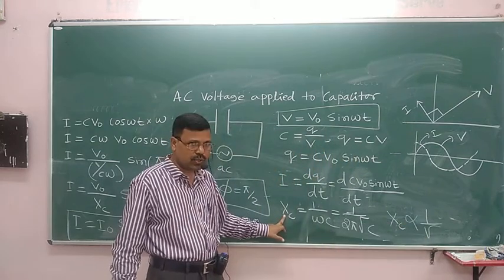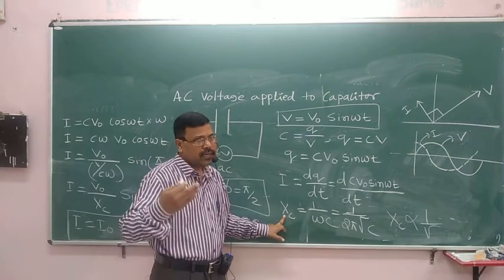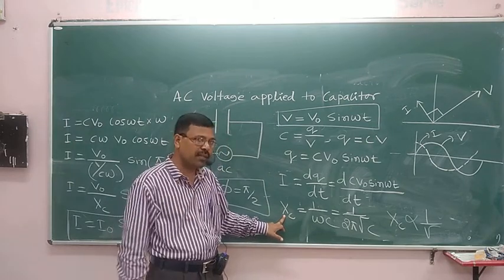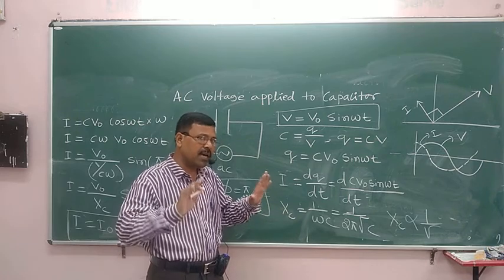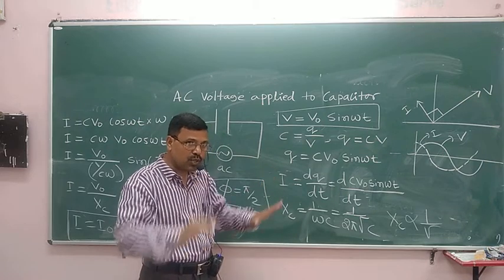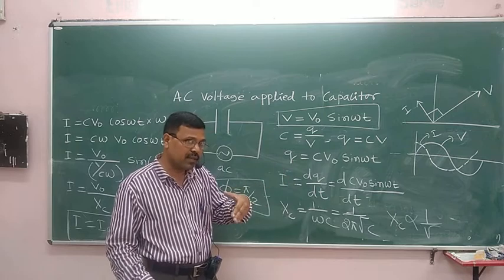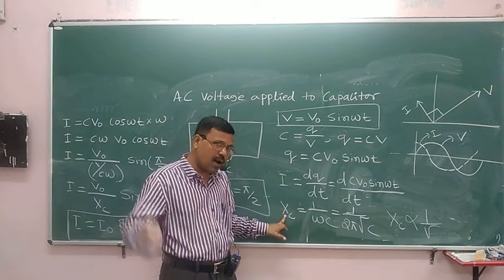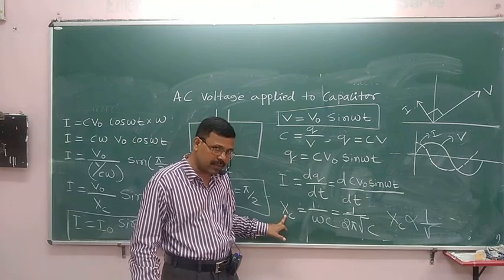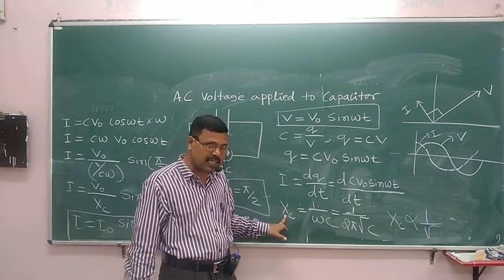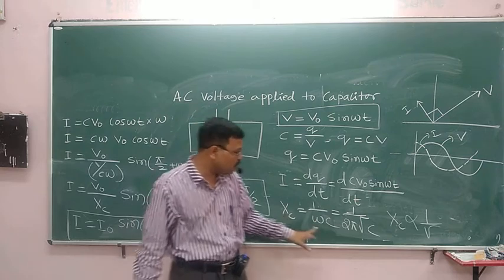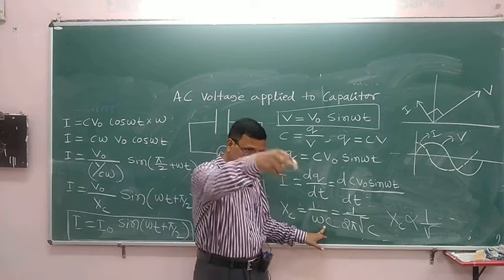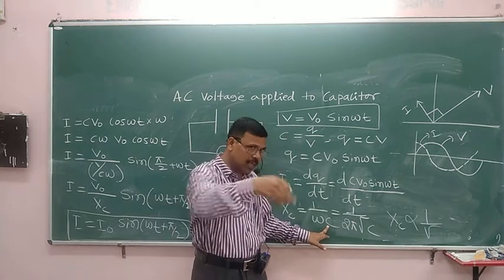Capacitive reactance is the opposition offered by the capacitor to the flow of AC current. This opposition depends on two factors: one is the angular frequency, the other is the capacitance of the capacitor.